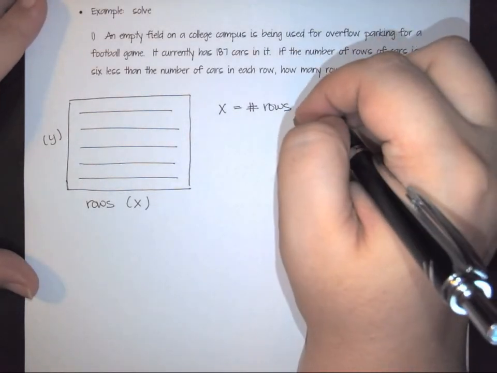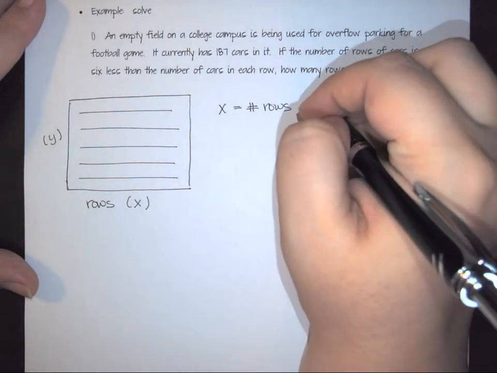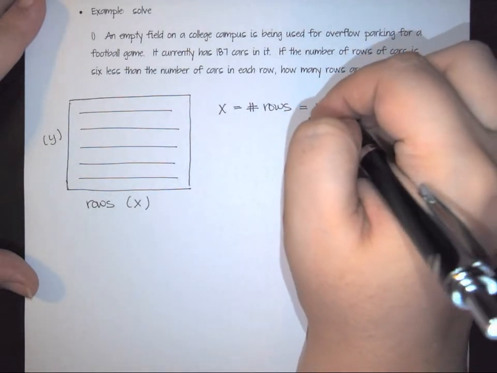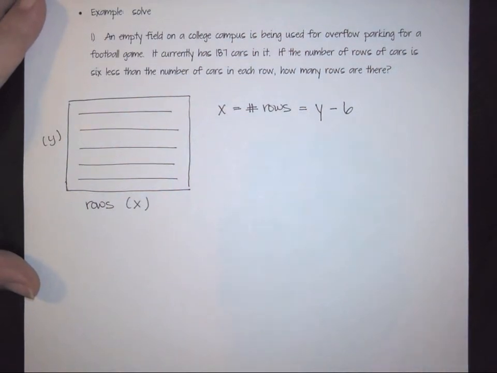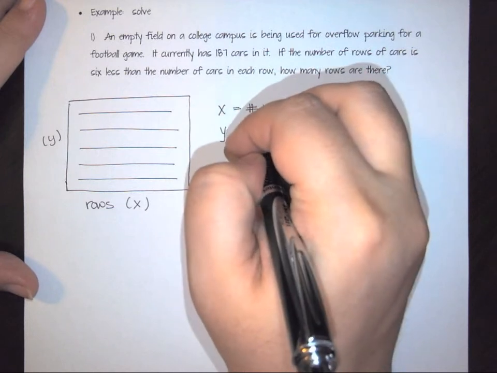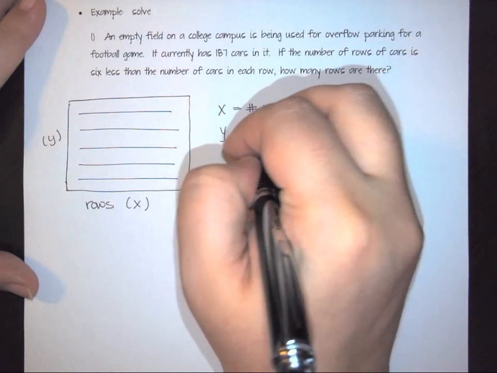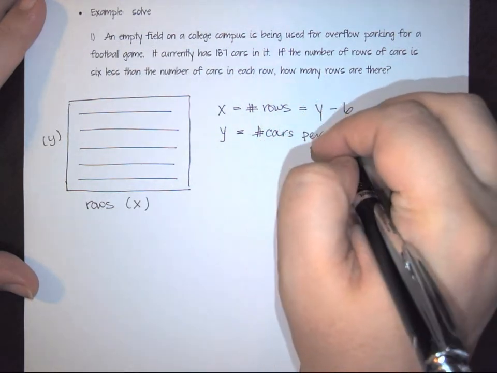And so here that would tell us that if we're using, say, y as our other variable, that we would have y minus 6 to be the number of rows. Well, then that would mean that y is going to be the number of cars per row.